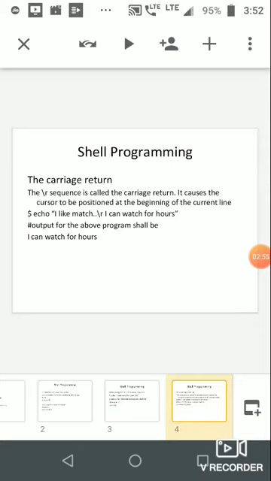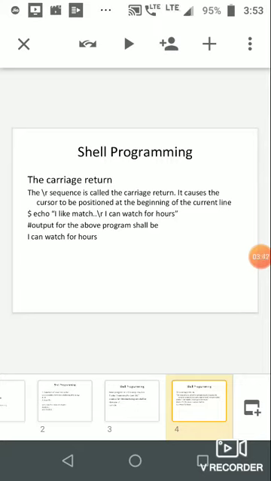And then again in the same line we write, I can watch for hours. So this is a single sentence, but just like the previous example, where we put the new line escape sequence in the middle of the line, in the same way here also, in the middle of the line, we have put that carriage return escape sequence slash r.